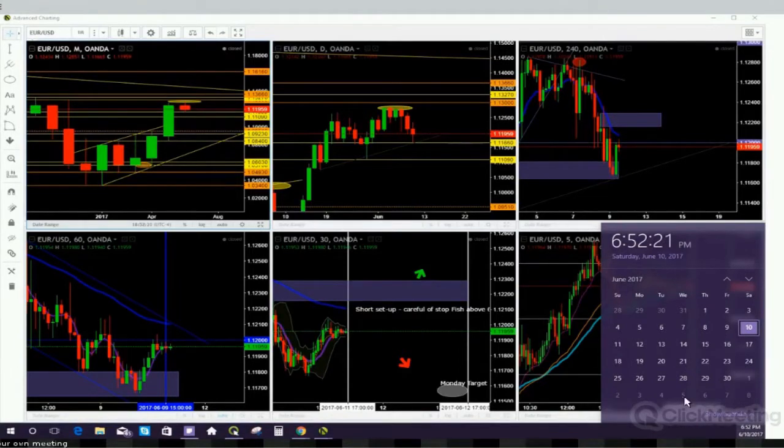And this is going to be the analysis for how I'm looking at it from the monthly, weekly, daily perspective, for the following week from the 12th of June.